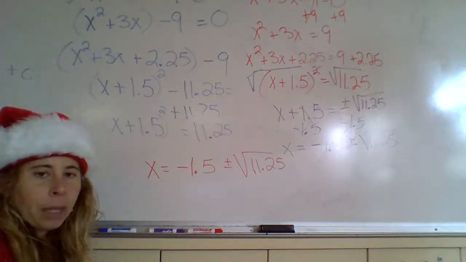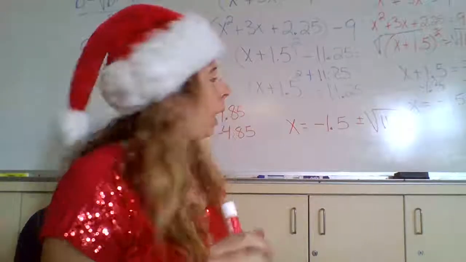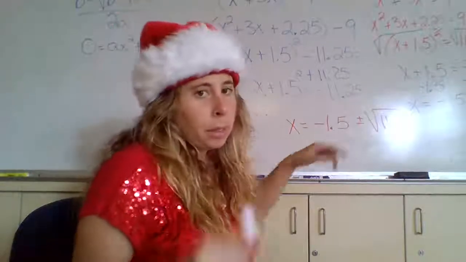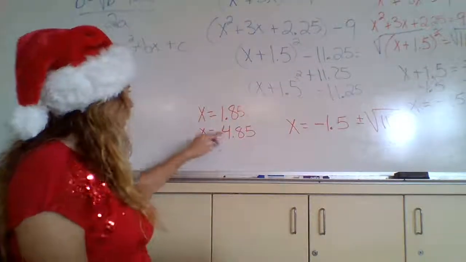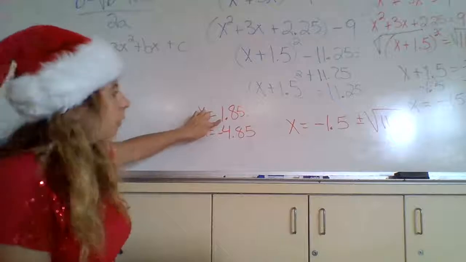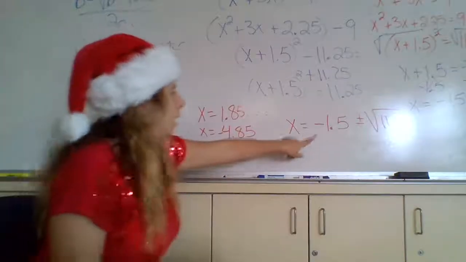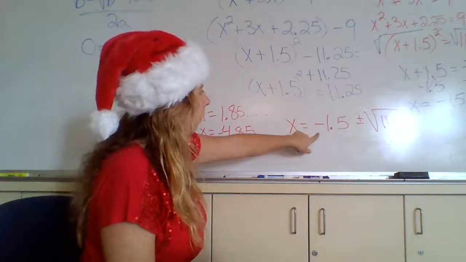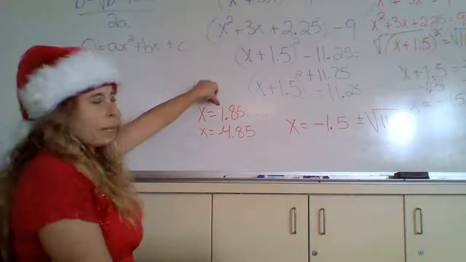All right, I think that's it. Okay, I changed my mind. I went through and made this into a decimal, so that if you did graph it, your x-intercept would be here, 1.85. That's if you do negative 1.5 plus the square root of 11.25. That will give you 1.85 as your answer.